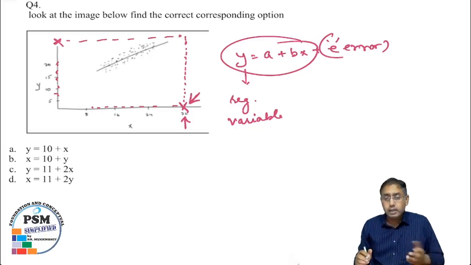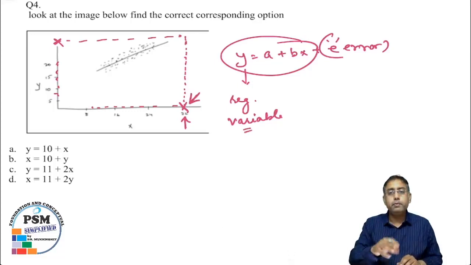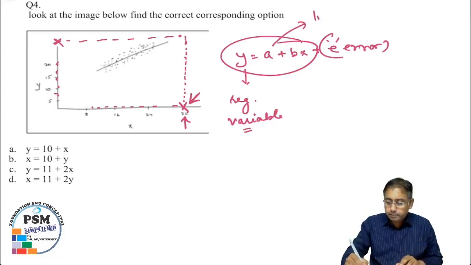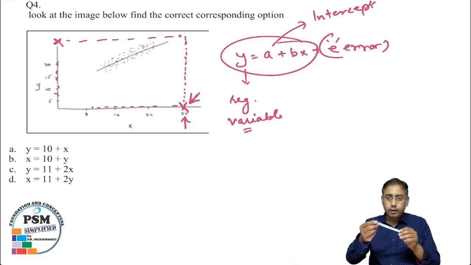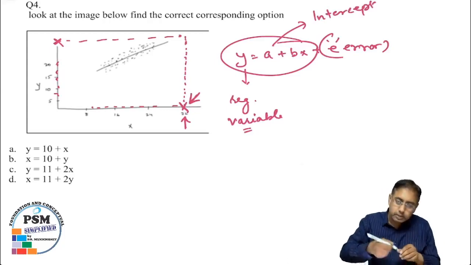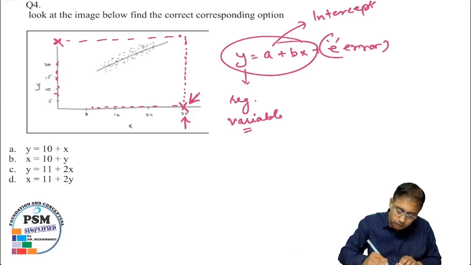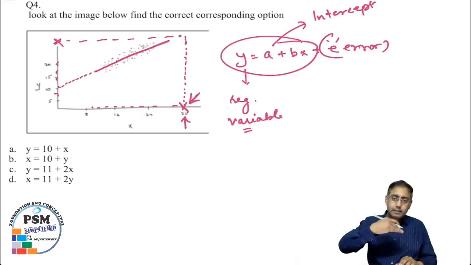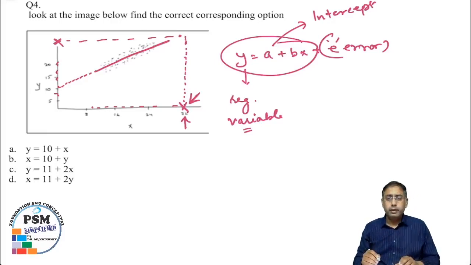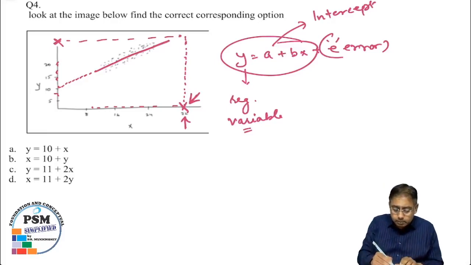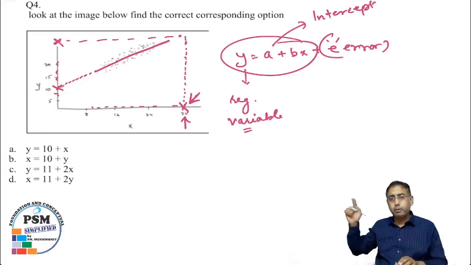So how do we regress? We have a regression variable. We want to find the y. A is the intercept. Intercept means what? If I take a ruler and place it on this line, I find that it meets the y-axis at this point, at point number 10.